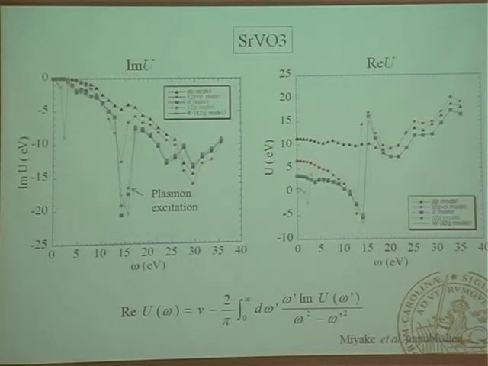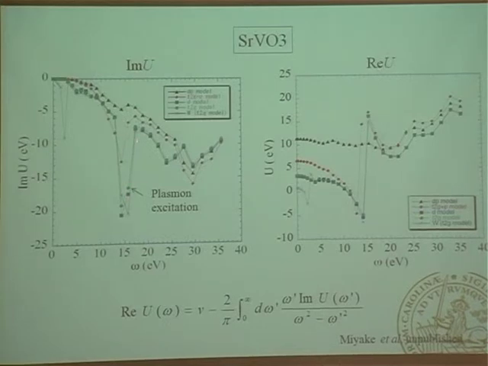The imaginary part is more interesting than the real part, for me at least, because it contains more information about the excitations of the system. Here, suddenly we have a large peak, and this large peak comes from the plasmon oscillations of the system. These collective excitations, which you do not have in the non-interacting system, are due to the long-range Coulomb interactions.